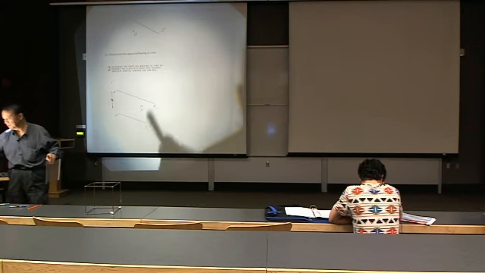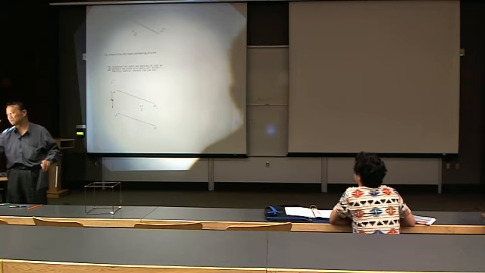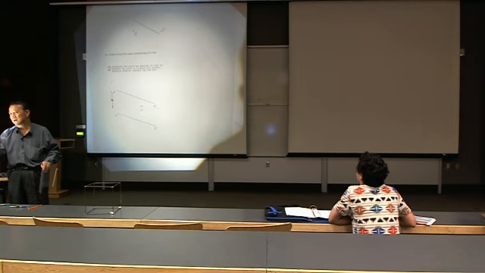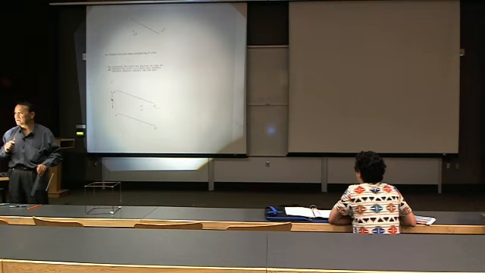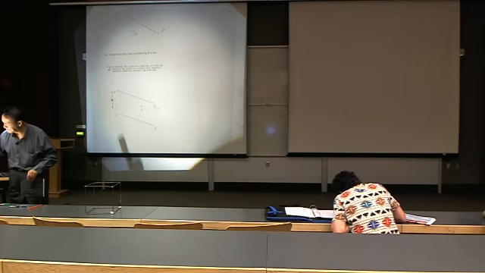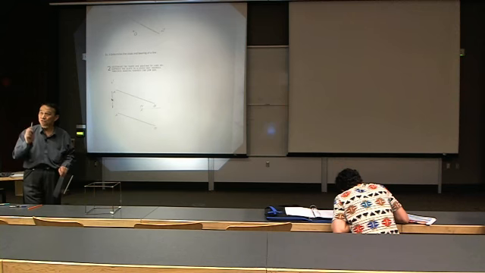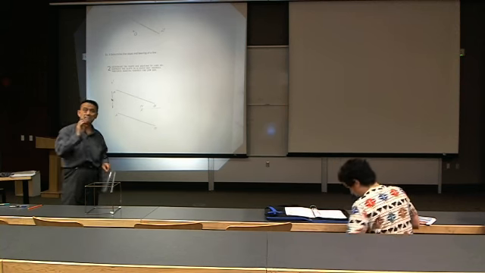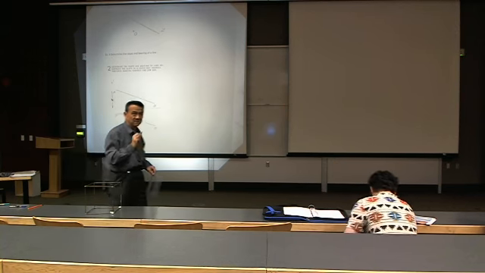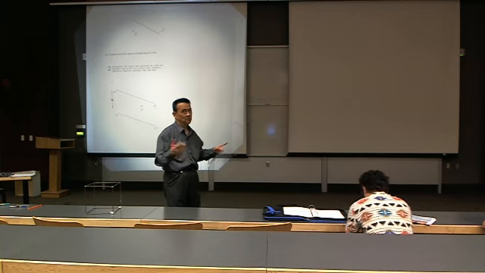Let me read it through. You are required to, first of all, find out the slope of the line AB. You are also required to find the bearing angle of that line. Do it.